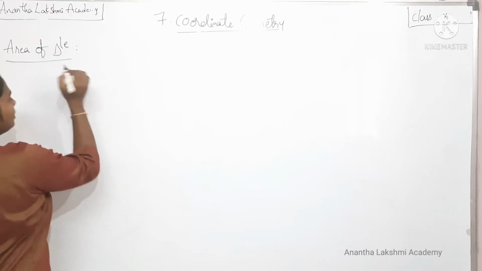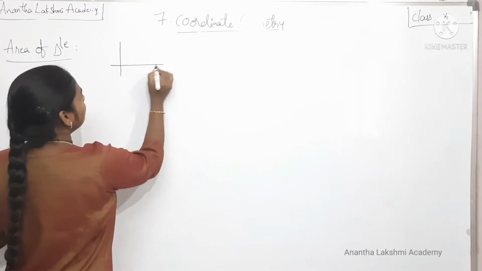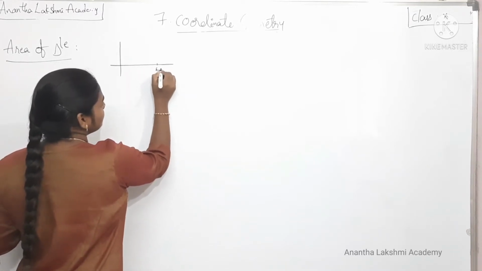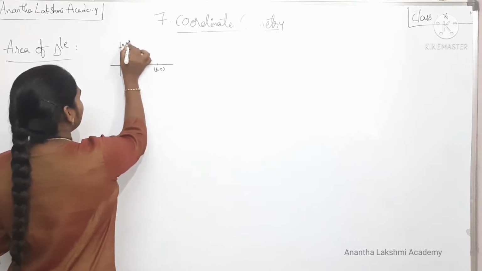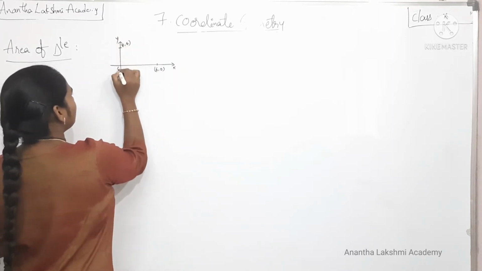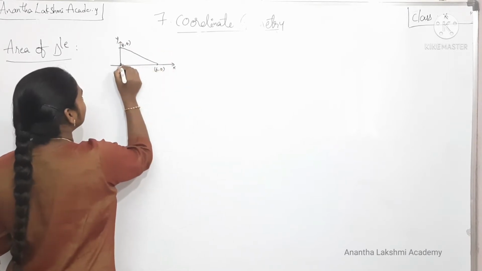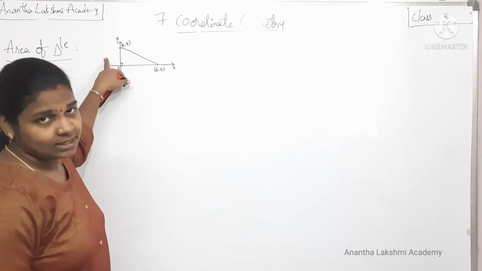Whatever the formula which we have learned is like, say for suppose I have a triangle wherein this is 6, 0 and this is a point on the y-axis, right? So the x coordinate will be 0. Okay, now I form a triangle. Alright, the angle between the axes is a right angle.